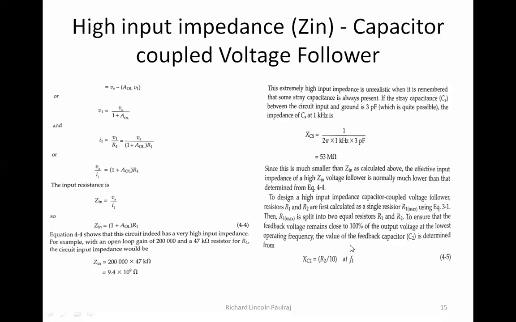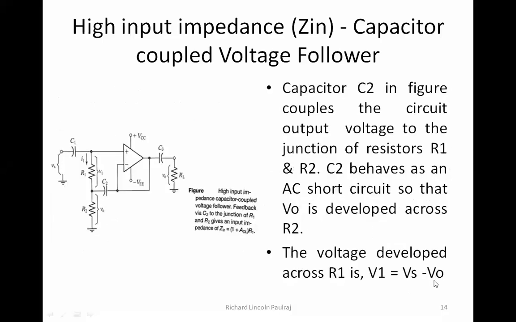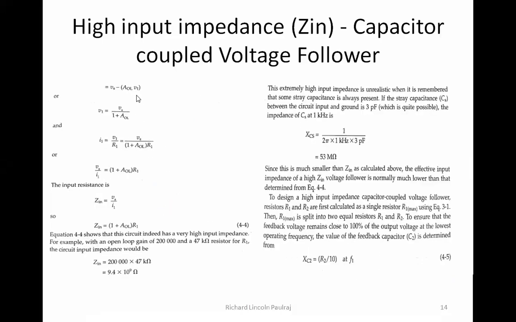I am substituting this for V0. So ultimately my output is a gain into input. We can even reorganize it, sending terms to the left hand side and right hand side, so we get V1 as Vs divided by 1 plus AOL.